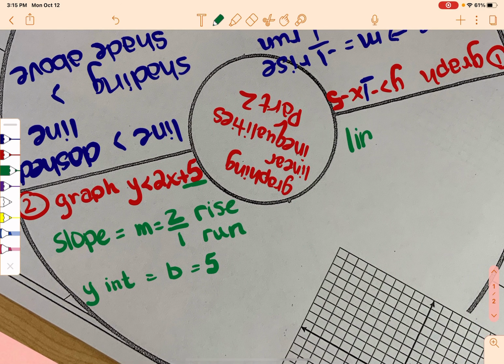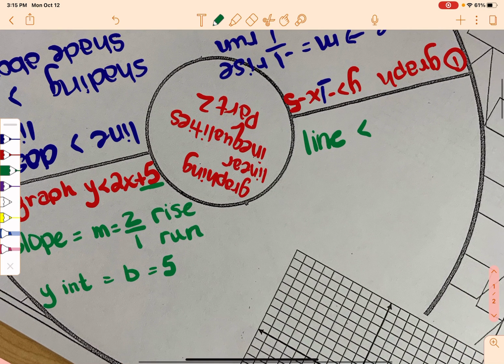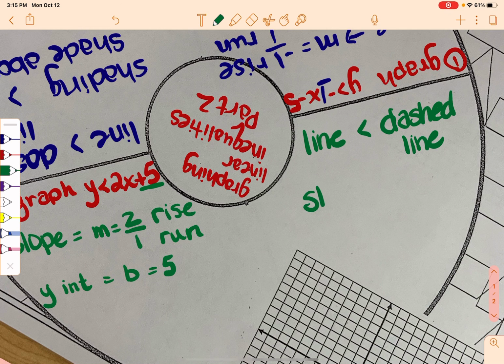Now to do my line, if I have an inequality that looks like that, it's going to be a dashed line. To talk about the shading, if my inequality is that, I'm going to shade below.